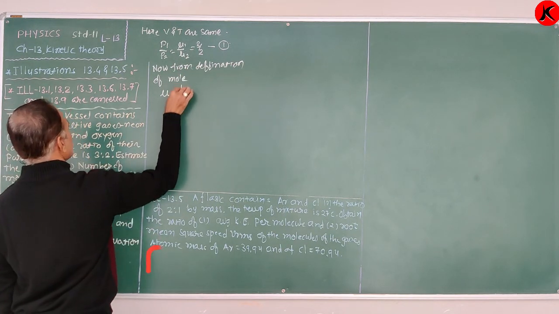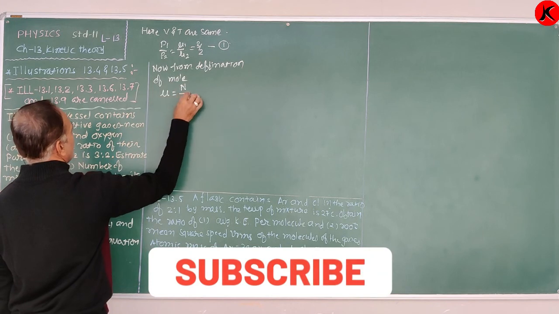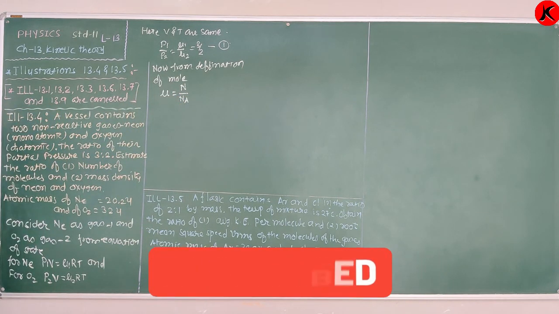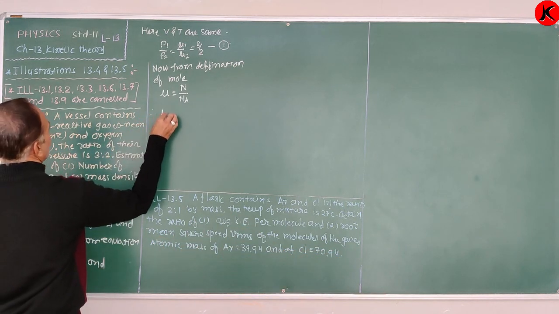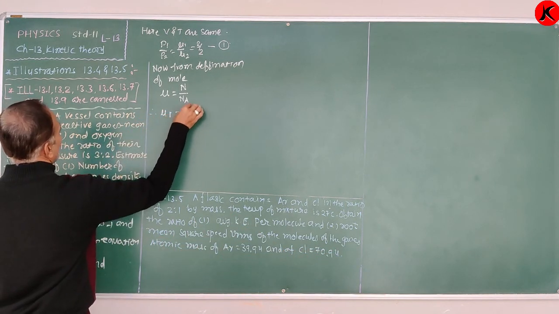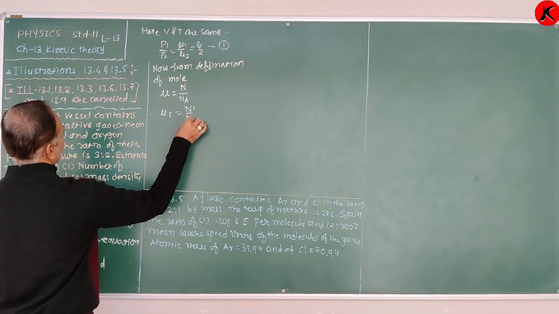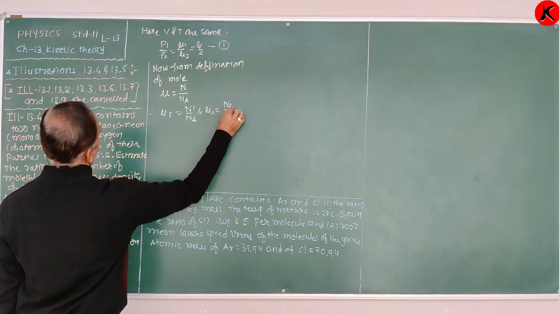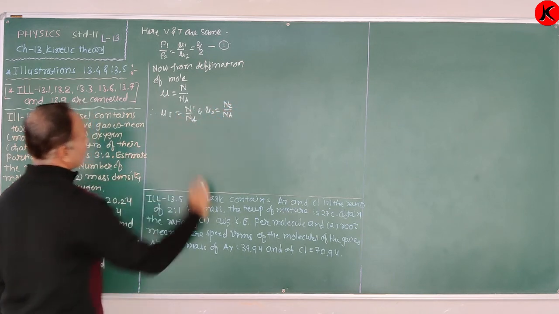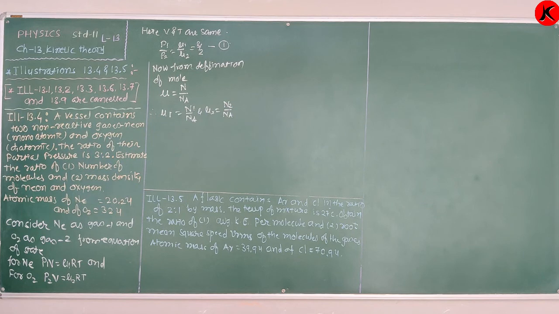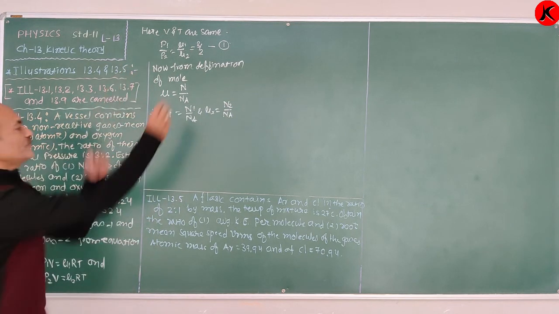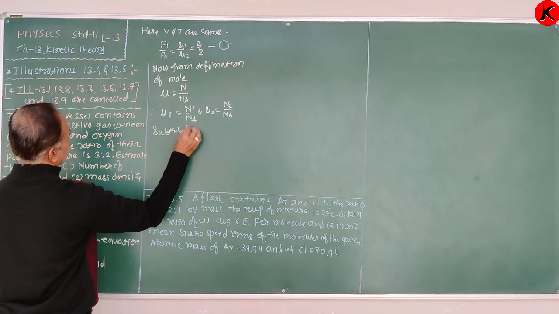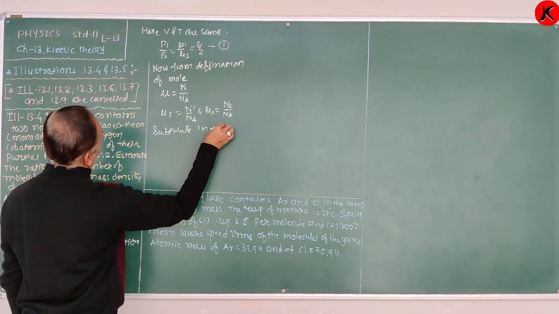Therefore mu1 is equal to N1 upon N, and mu2 is equal to N2 upon N. Substitute in equation 1.